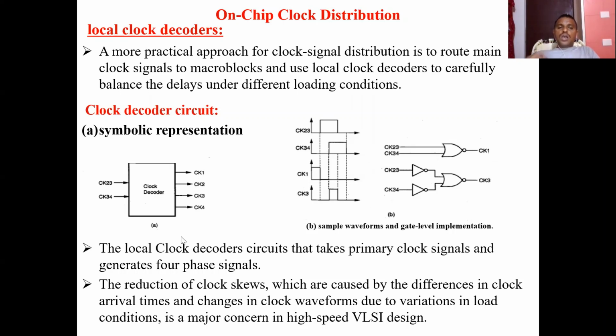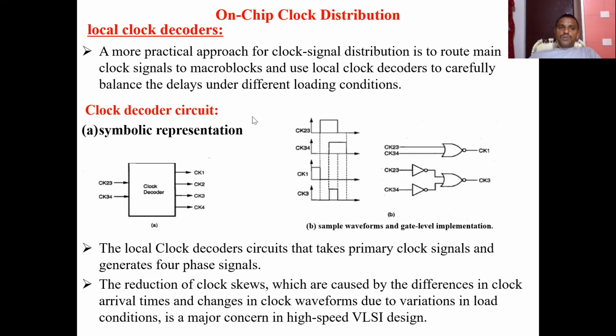If there is uniform delay in the clock distribution, it is enough. But if you consider non-uniformity, which causes a change in clock arrival time, this causes a major disadvantage in high-speed VLSI design.